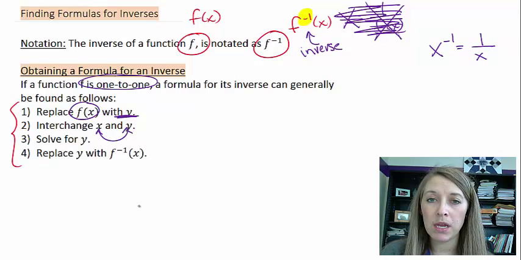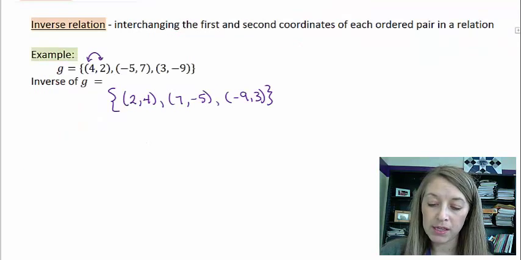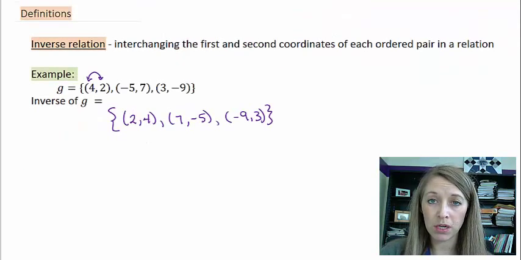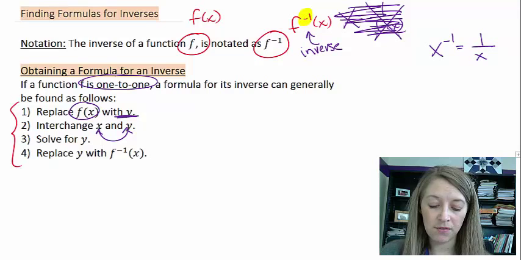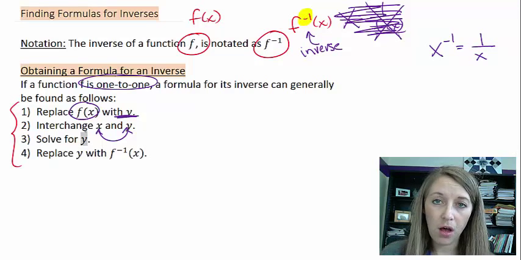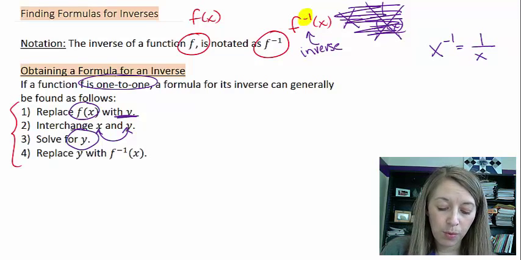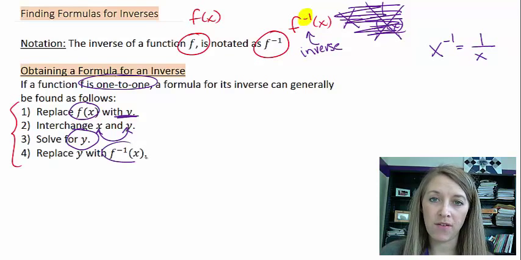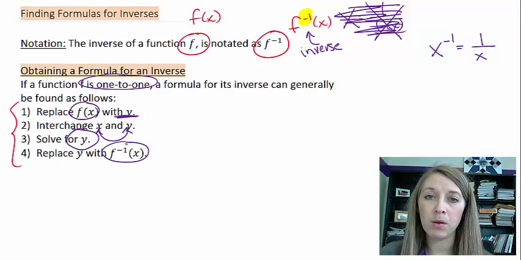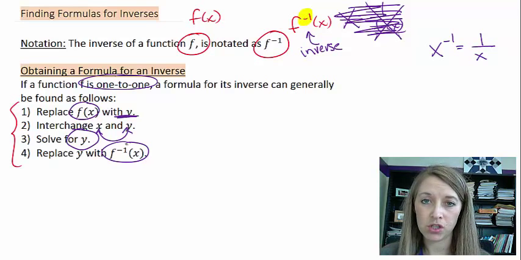And it makes sense why we interchange x and y, because the definition of this was us interchanging the two coordinates. So that's how we find this inverse. Then we go back and we solve for y, and then we replace that y with f inverse of x. So once we flip-flop them and once we isolate our y variable, that's going to give us our inverse function.